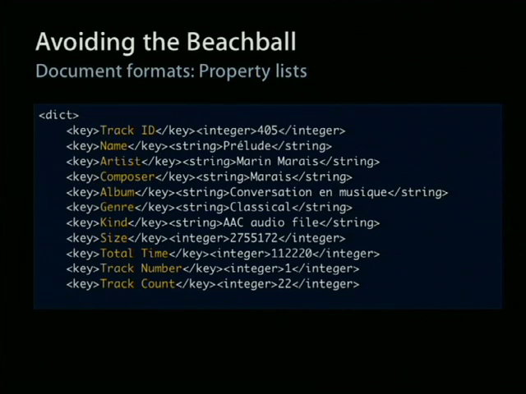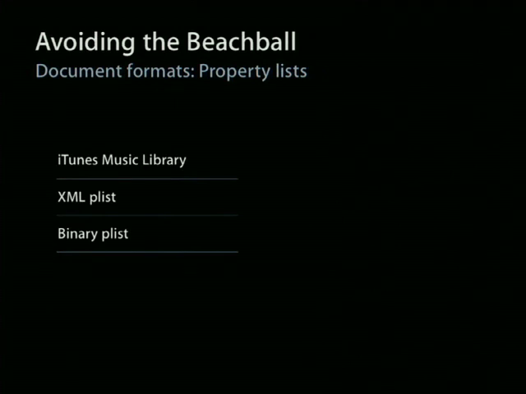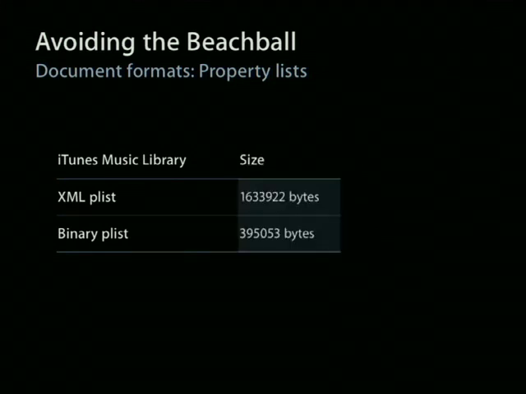Bigger files take longer to load. I actually use the plutil command to translate my iTunes music library from an XML plist into a binary plist. The XML flavor is about 1.6 megs, and the binary plist version of the same file, and it's still a property list, is about 400K. Right, so there's a big space savings in using the binary plist format.